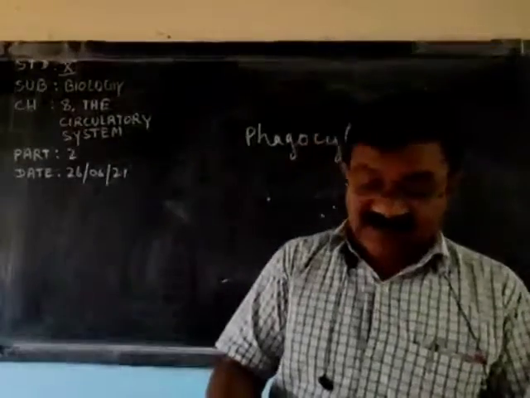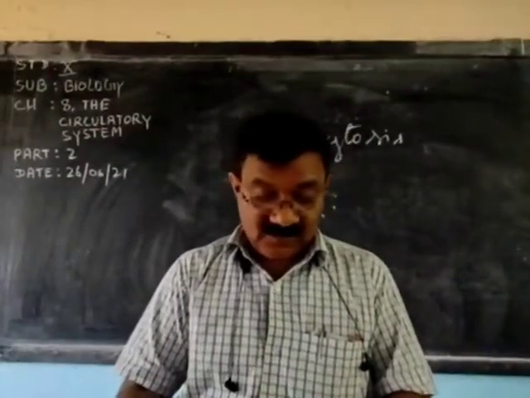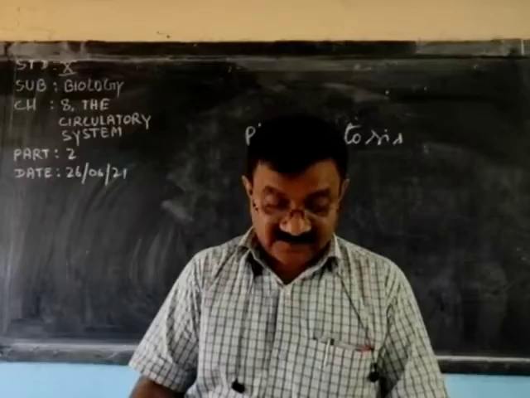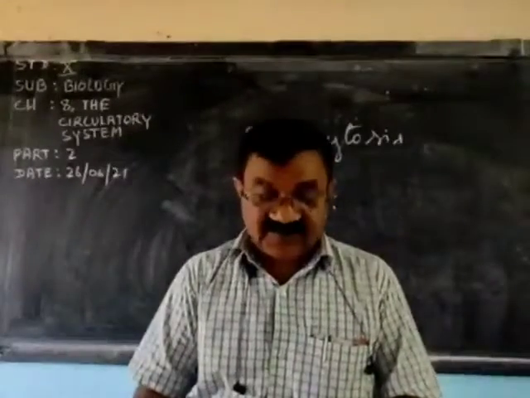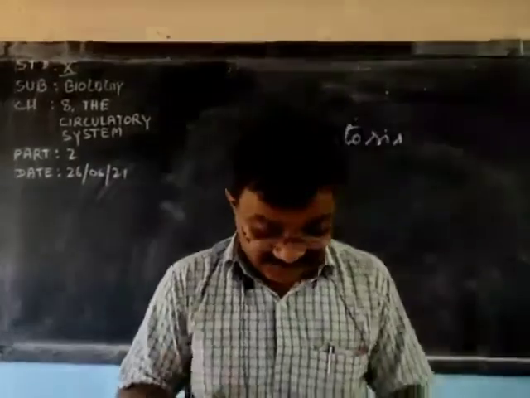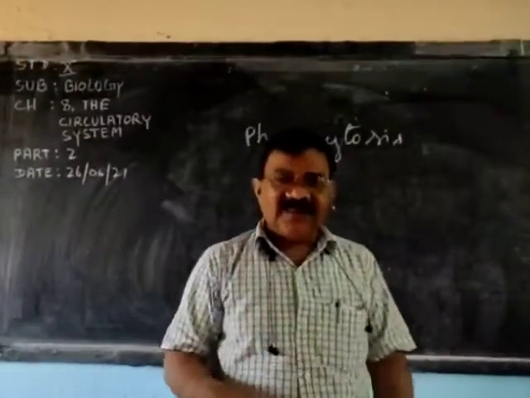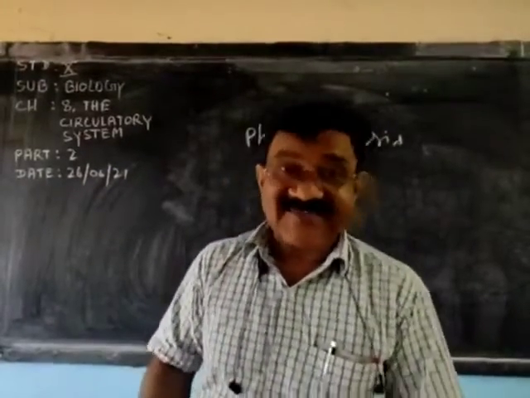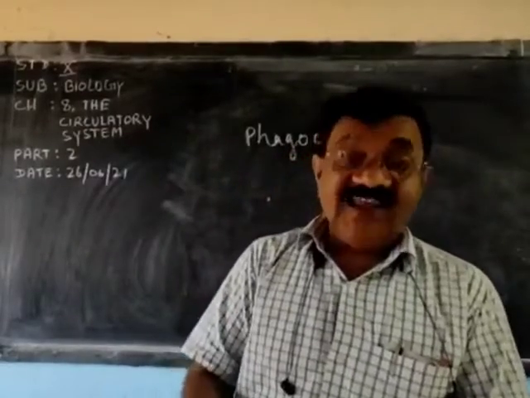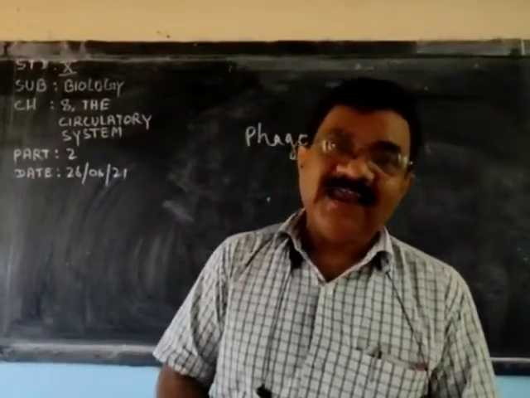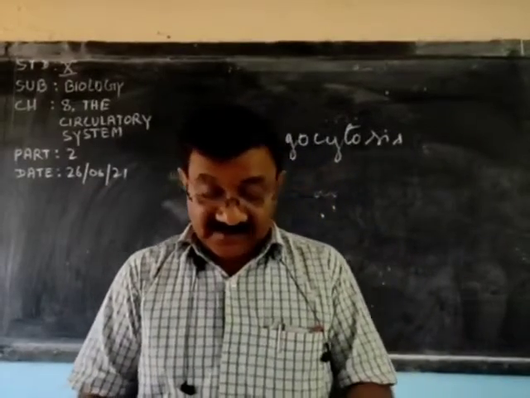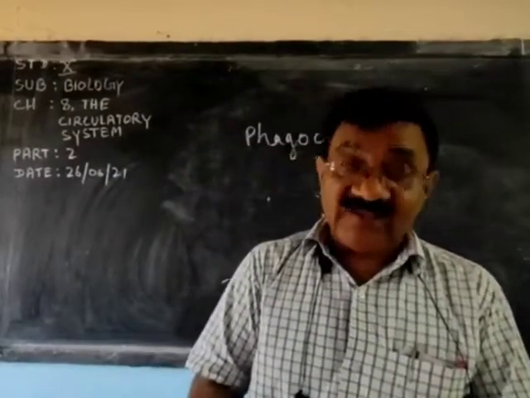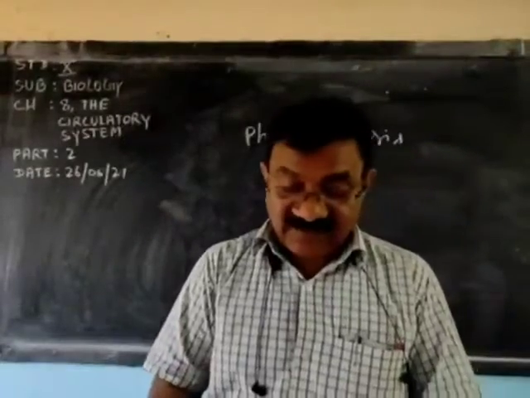Now coming to the inflammation. Inflammation occurs due to injury or to localized invasion of germs. And due to inflammation, local heat will be there, redness may be there, swelling may be there, or pain may be there. Okay. And they also destroy the damaged cells by phagocytosis.